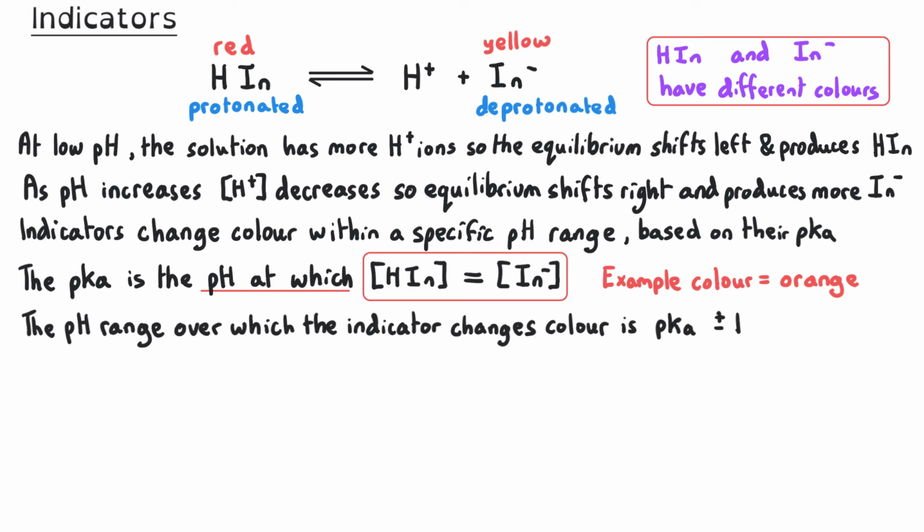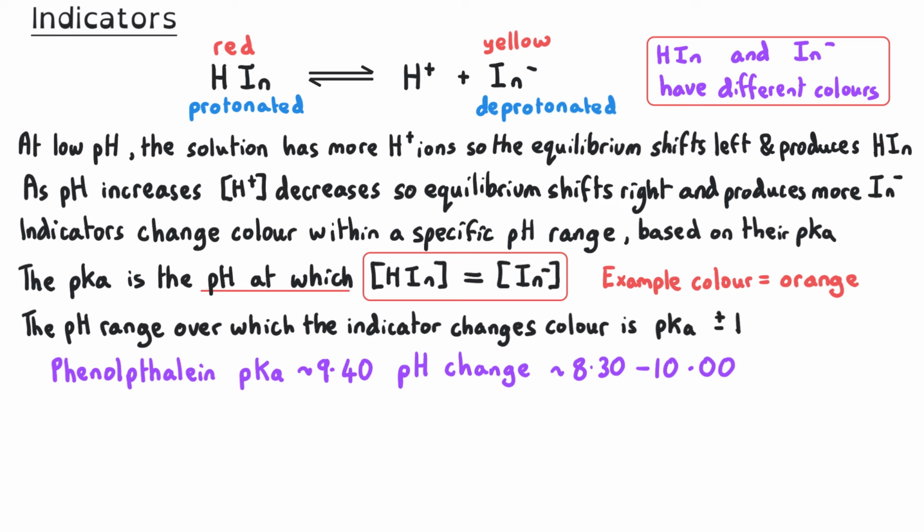And typically, the pH range over which the indicator changes colour is its pKa plus or minus 1. In other words, it's approximately within 1 of their pKa. For example, phenolphthalein has a pKa of 9.4, and it changes colour between 8.3 and 10, so slightly less than 2 units wide.